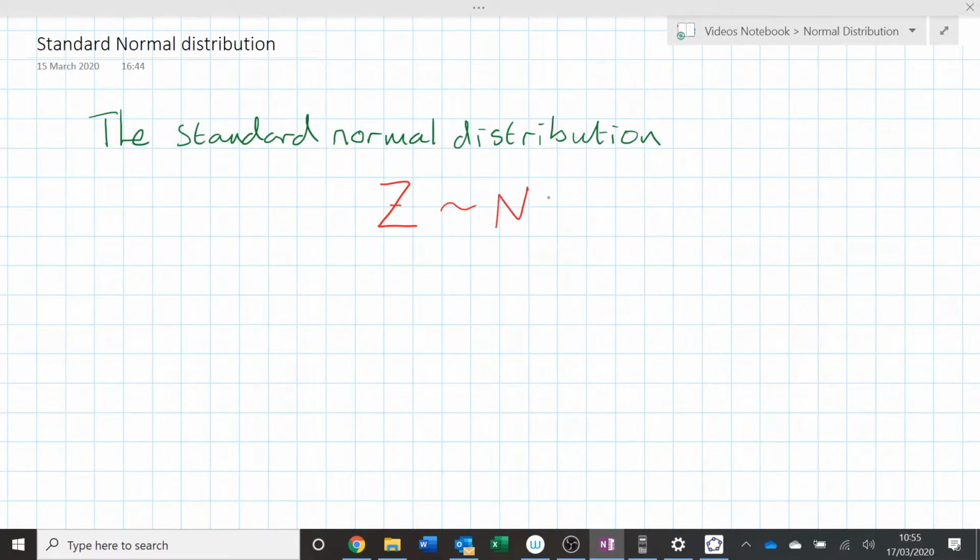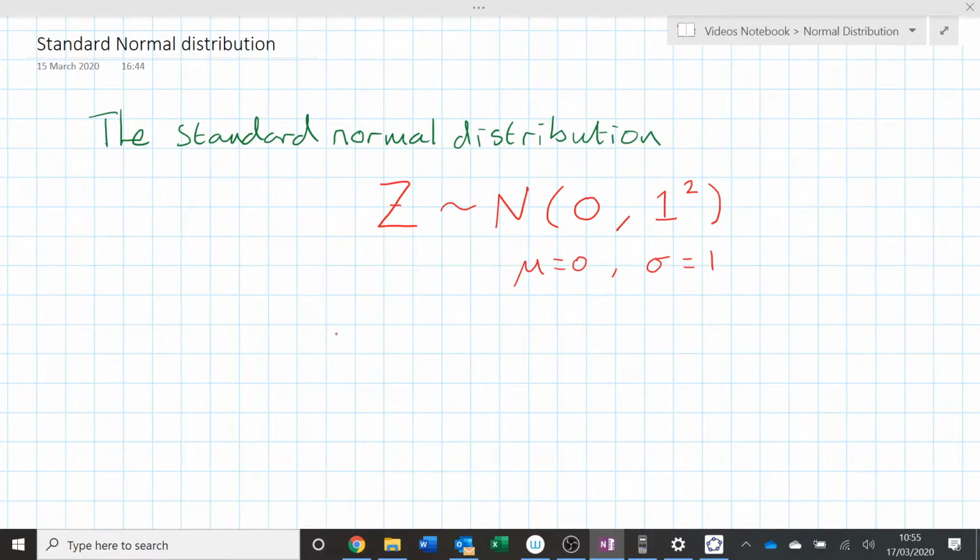It is the normal distribution with mu 0 and standard deviation 1. Quite commonly we write this as 1 squared. Obviously we know that 1 squared is just 1, but again, the standard deviation is that. So we have mu equal to 0 and sigma equal to 1.